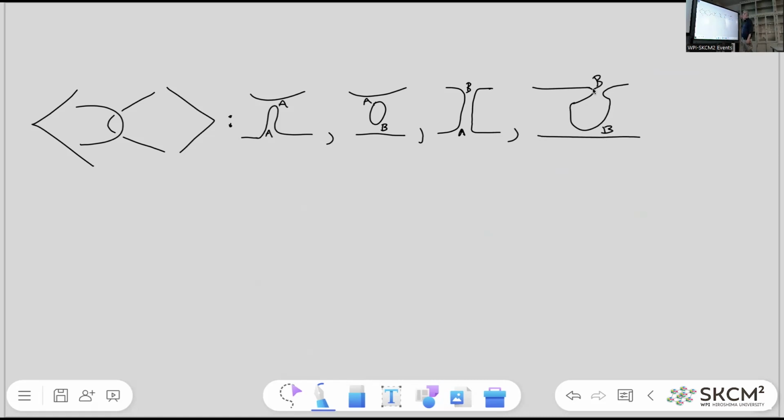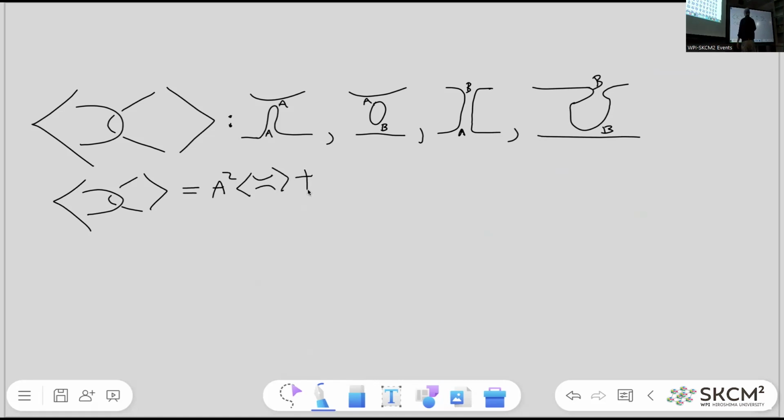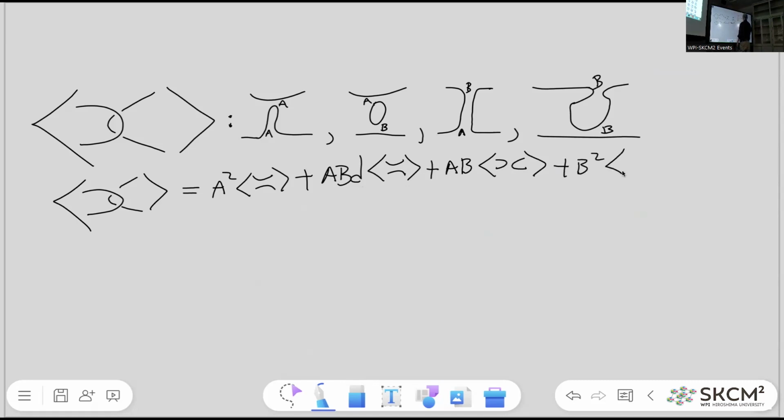So those are the 4 local configurations. And so just as before, same argument, we have that this is going to be equal to A squared times the bracket of this, plus ABD, because there's a loop there, times the bracket of this, plus AB times the bracket of this, plus B squared times the bracket of this.